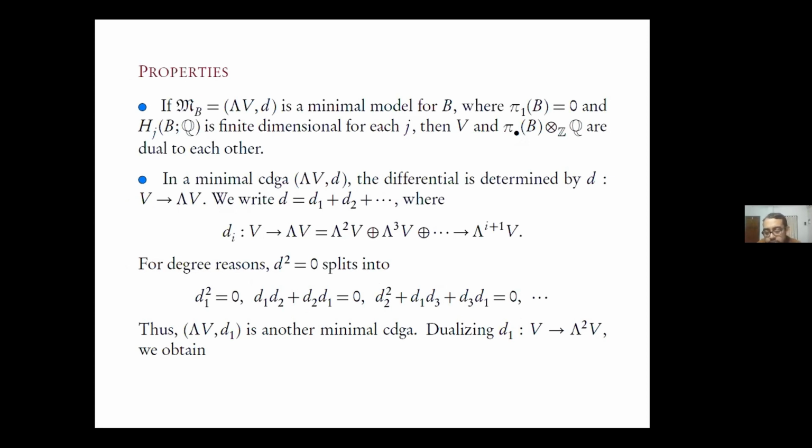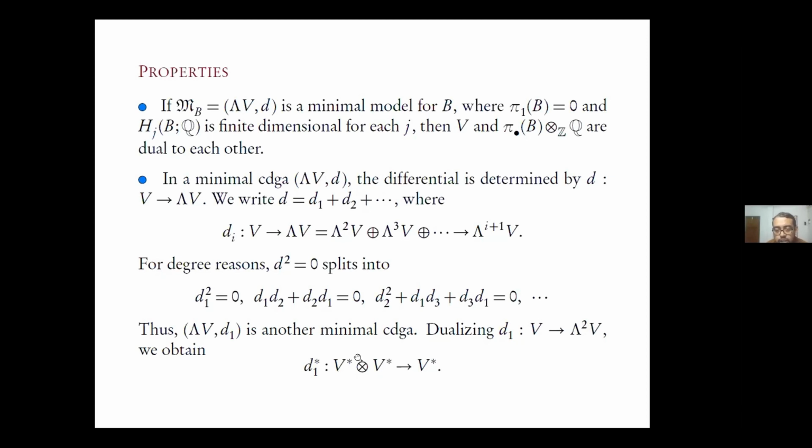I get a map from V star tensor V star to V star. This is mapping into the skew symmetric things if things were in even degrees, and otherwise it will map to the other kind of things.